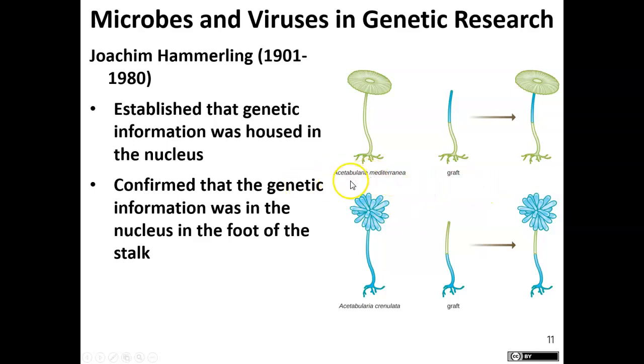And if he grafted the Acetabularia mediterranea foot onto the stalk of the Acetabularia crenulata, then that one would produce the cap of the Acetabularia mediterranea. So now we know that the genetic information that's carried in the nucleus codes for what the cap looks like.